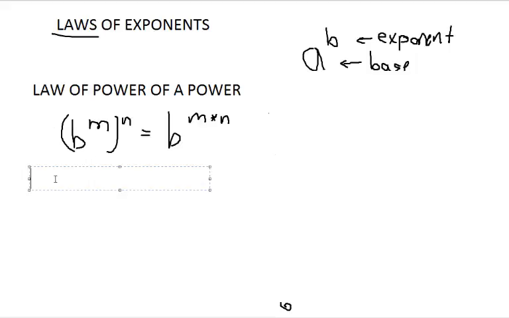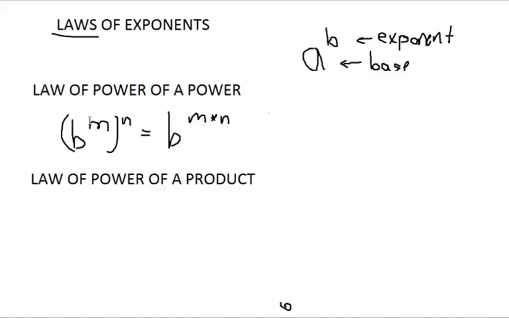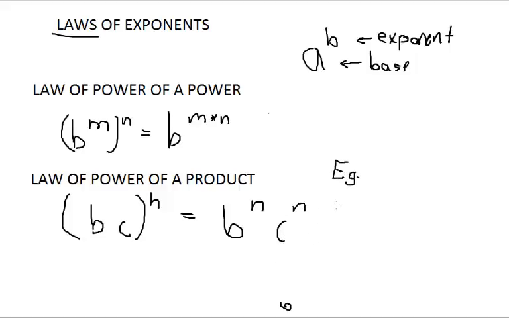We're passing now to the other law, which is the law of power of a product. So when we have some variables multiplying each other, if they are all elevated in a parenthesis, then individually each will get the power of that exponent.